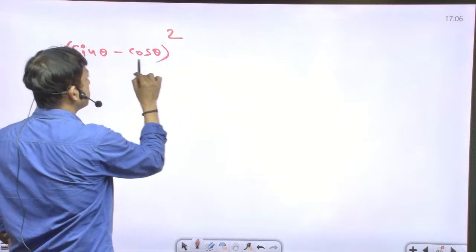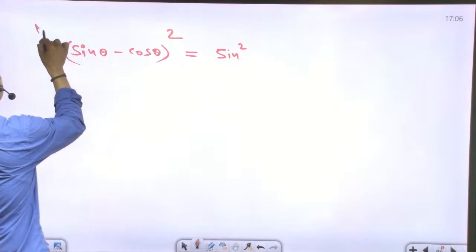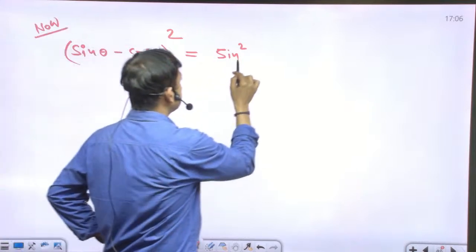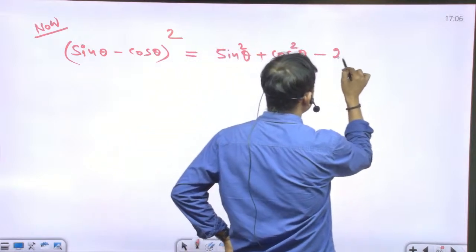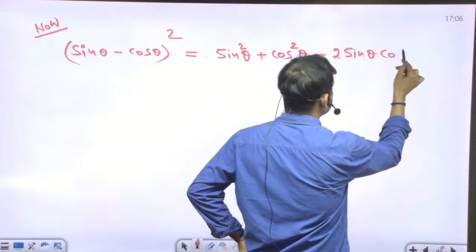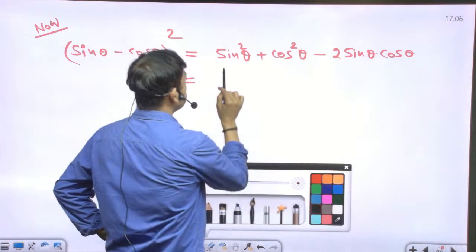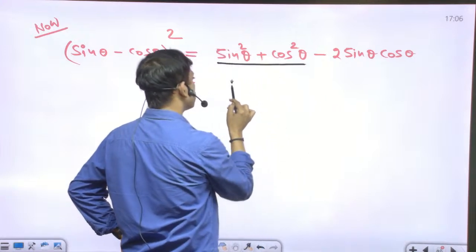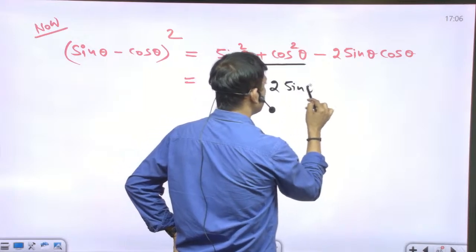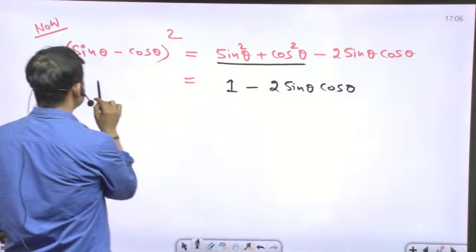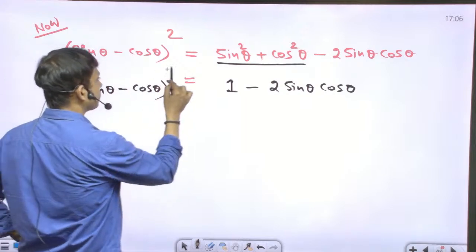Taking the square of this number, it will be sin square theta plus cos square theta minus 2 sin theta cos theta. Sin square theta plus cos square theta will be 1, and this part will be minus 2 sin theta cos theta. This is the value of sin theta minus cos theta whole square.